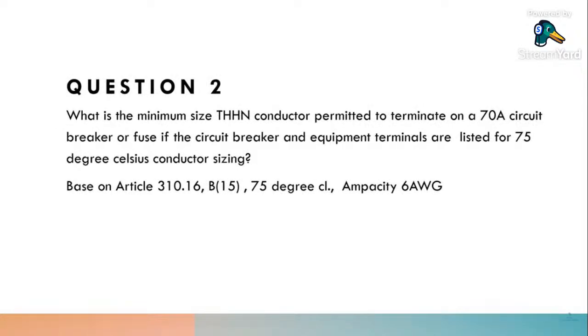Now, the second question is, what is the minimum size THHN conductor permitted to terminate on a 70 amp circuit breaker or fuse if the circuit breaker and the equipment terminal are listed for 75 degrees Celsius conductor sizing? Now, this rule for terminating conductors within a terminal is very important.